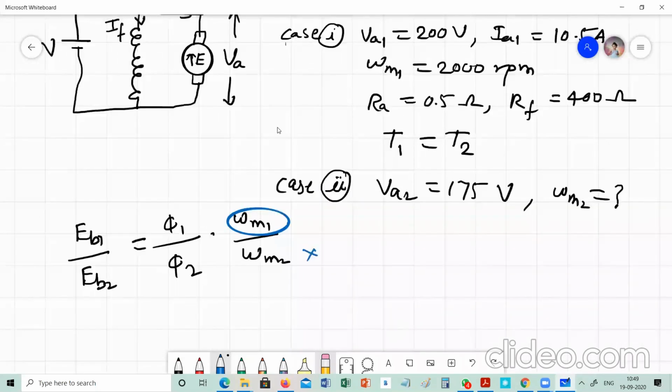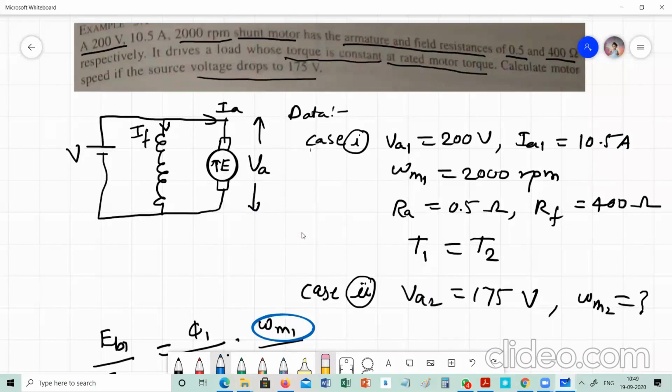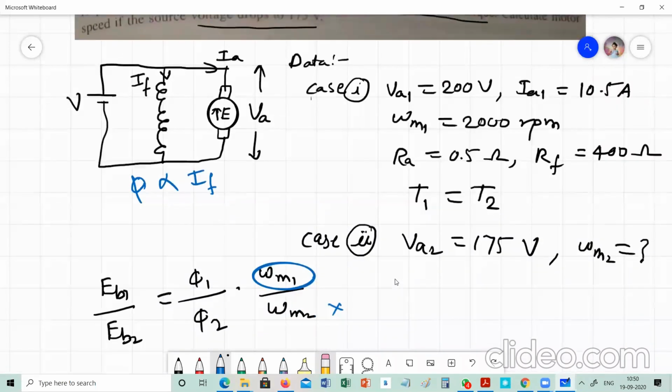If you observe the diagram, or in any motor, the flux phi depends on what? The current flowing through the winding. Phi is proportional to IF, and in a shunt motor we can calculate IF.